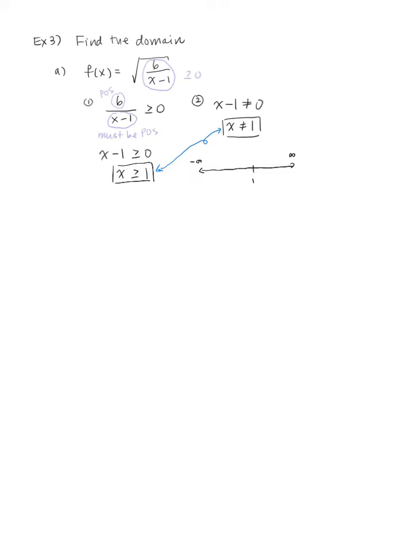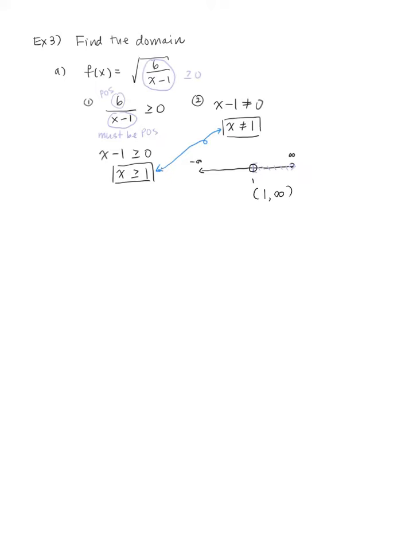Well, x must be greater or equal to 1, so that will be like that. But the thing is, x cannot be 1. So do you see that here we're going to have an open circle or open parenthesis around 1. So if I combine those two restrictions together, the domain is going to be open 1 to positive infinity. Did you get that part okay?